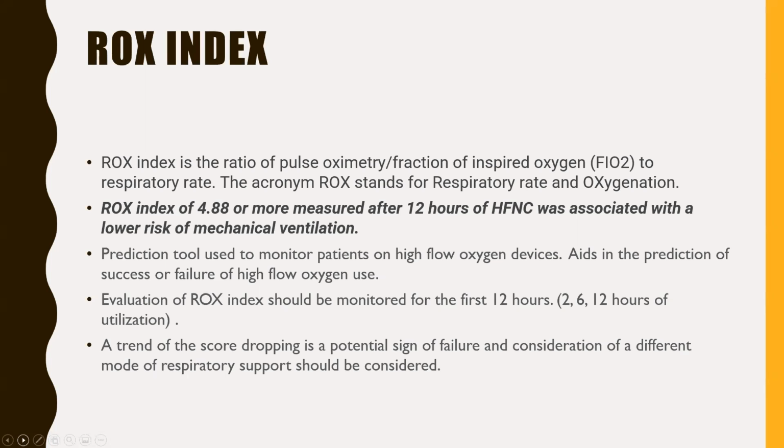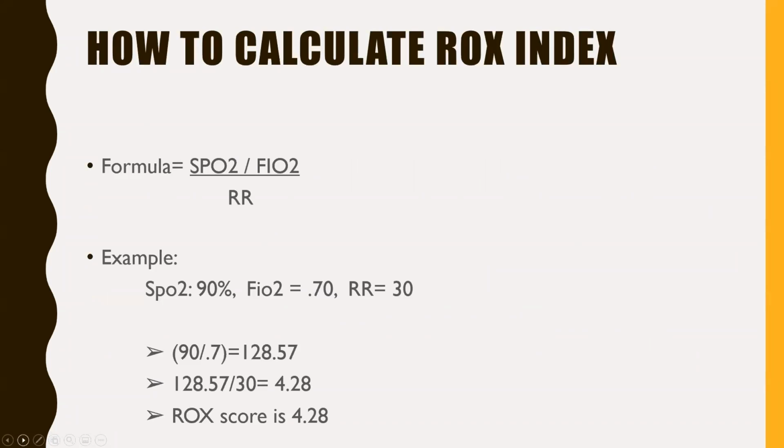But they're saying you want to determine whether it's staying relatively static at a decent number, or if it's getting worse and lower and heading in the wrong direction. A trend of a score dropping is a potential sign of failure and consideration of a different mode of ventilation and oxygenation, obviously. A quick example here, the formula: SpO2 over FiO2, divided by respiratory rate.